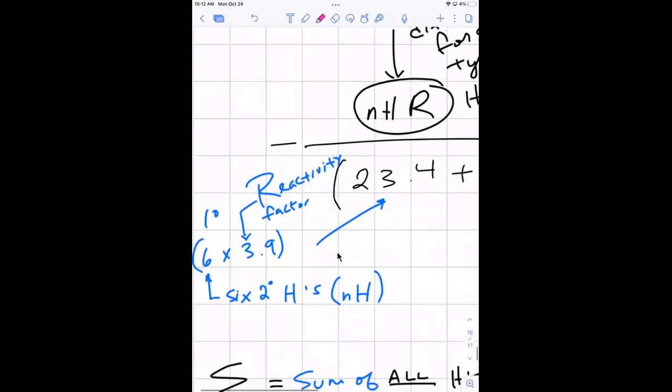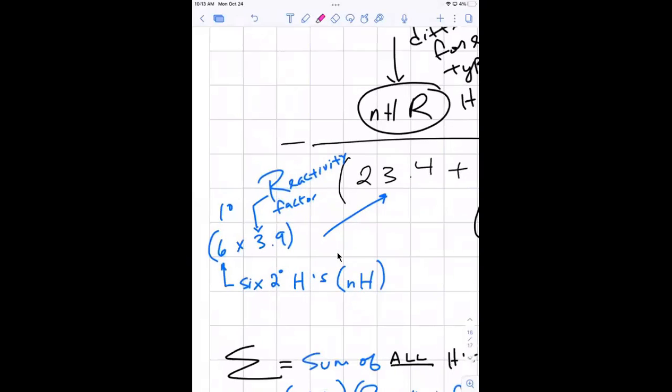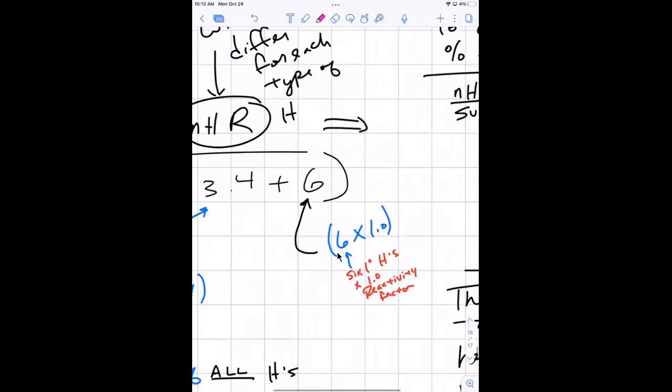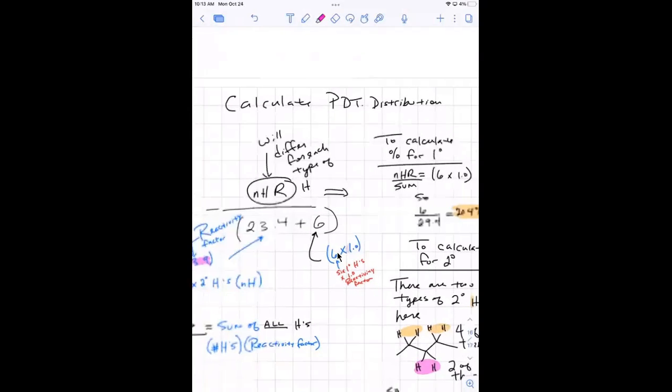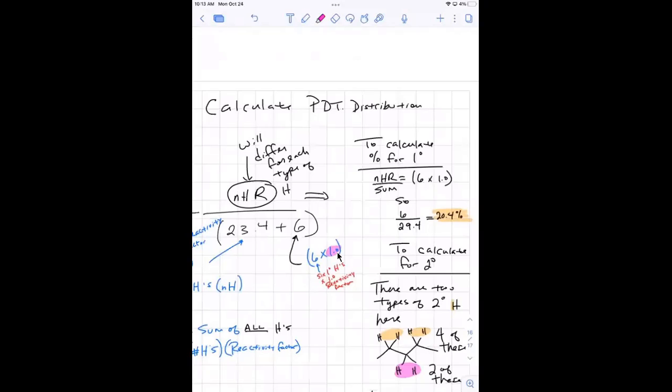We said 3.9 was the reactivity factor for chlorine, and there were 6 secondary, so that's that number. For primary, we had 6 hydrogens, and R is 1. The reactivity factor is 1 for those, so that's 6 times 1. That's how we came up with the sum of 29.4, which I used right here.